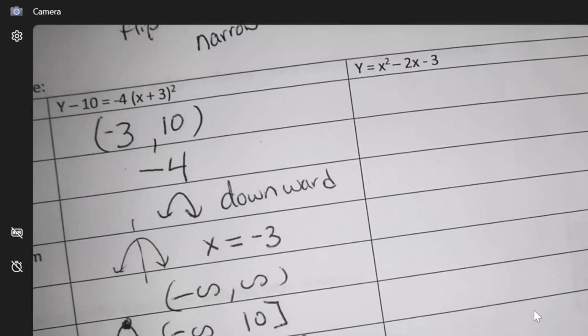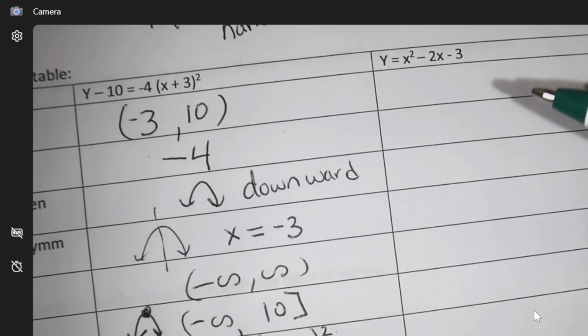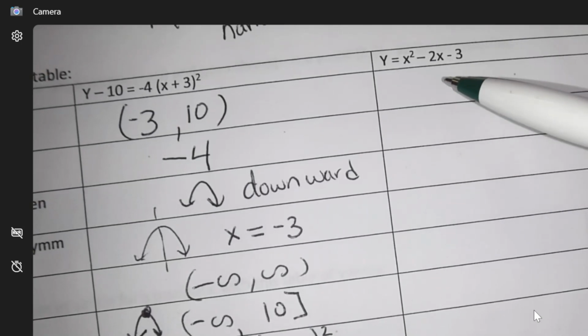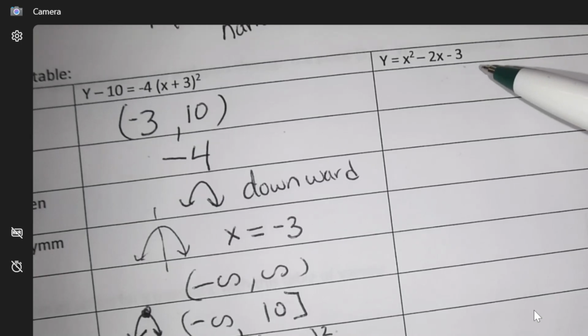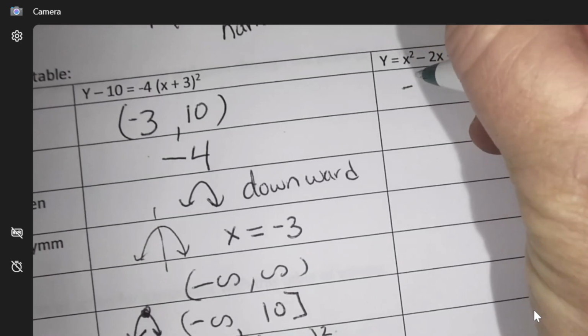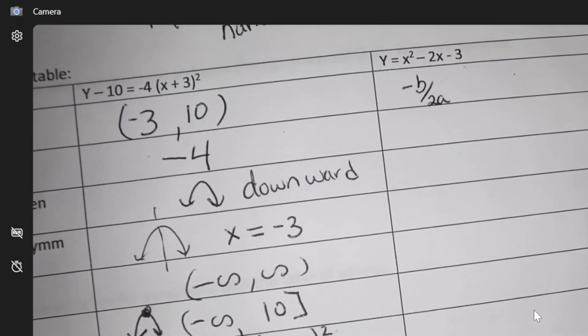So now, moving on to this one. Vertex. Vertex is different when it looks like this. What do you do to get the vertex? There's not just clear numbers on this one. And we got to start our -b/2a.